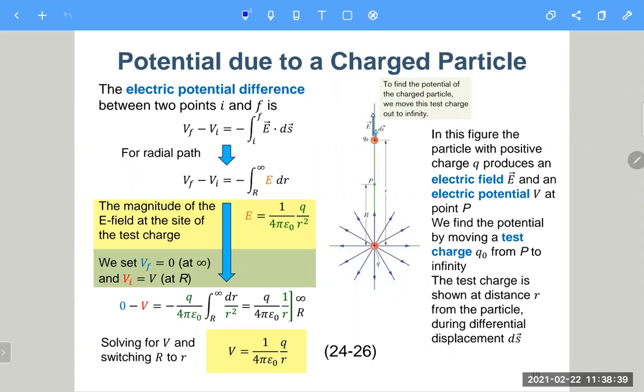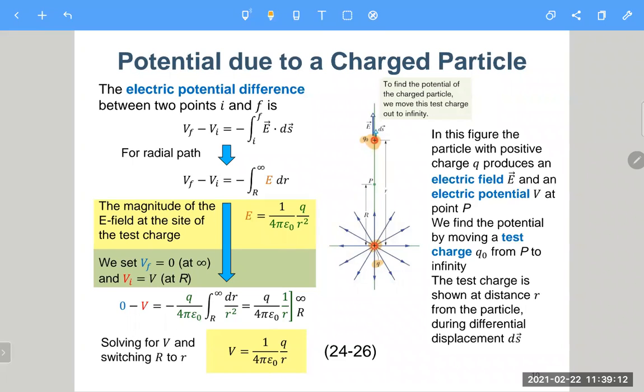So now we assume in the space we have this charge Q. It can be positive or negative, but it only changes by the sign. So we just assume this is a positive charge here, and then we have a positive test charge Q0 here.